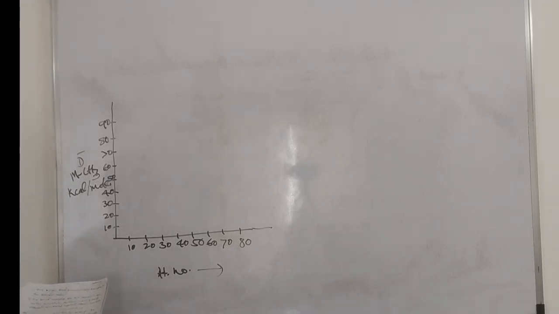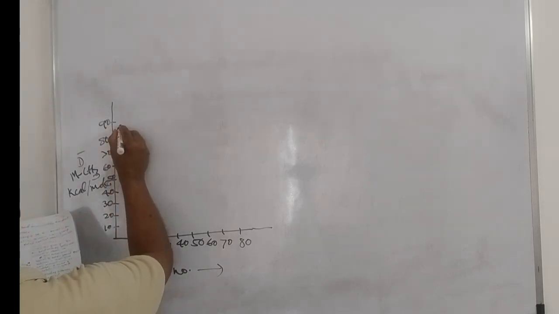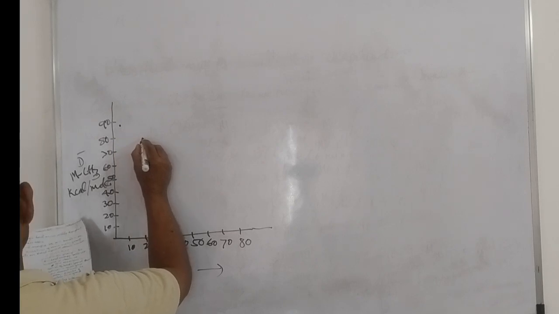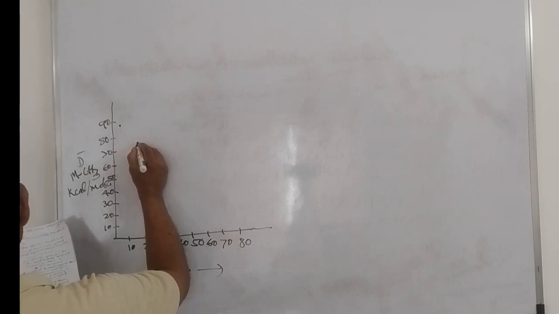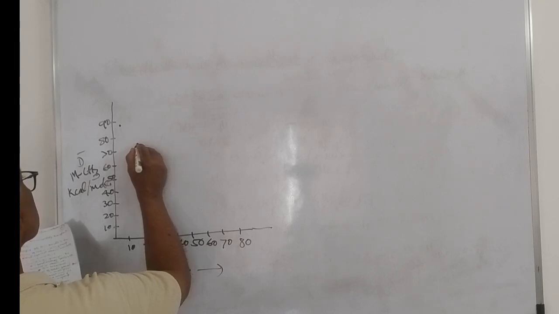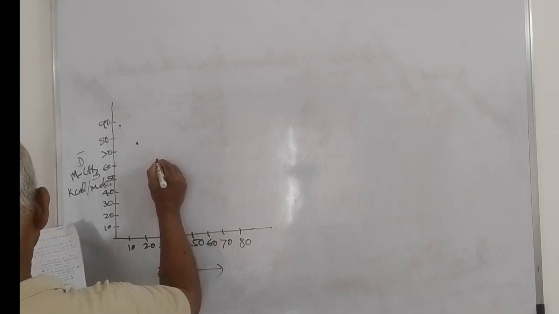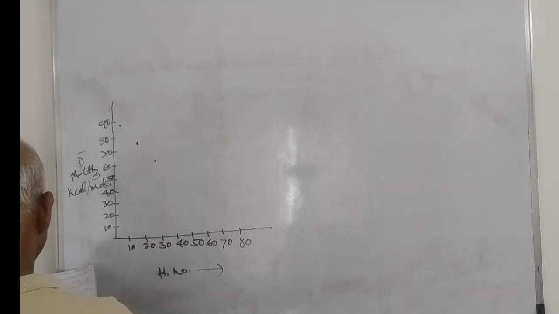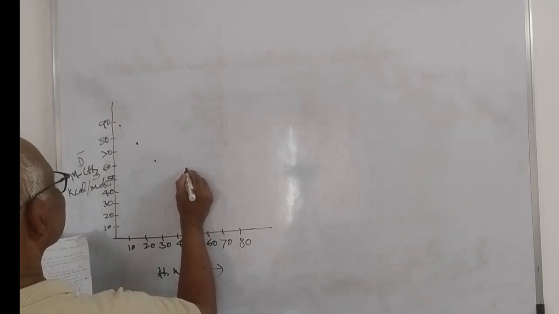If we plot the values, we can find that carbon has atomic number 6, and silicon has the value 14. Germanium, then tin, like this.